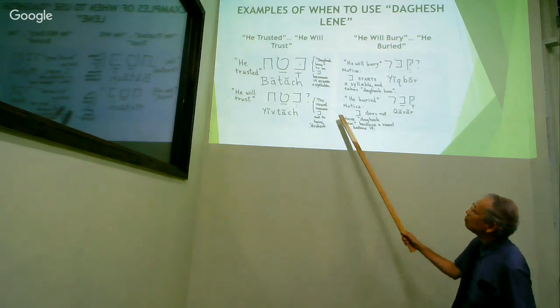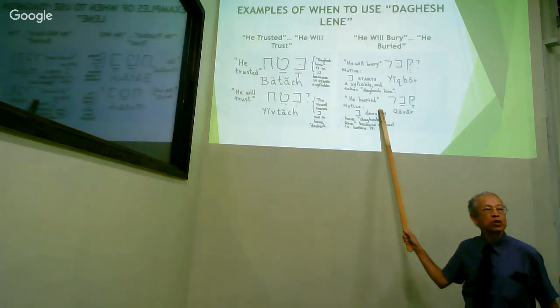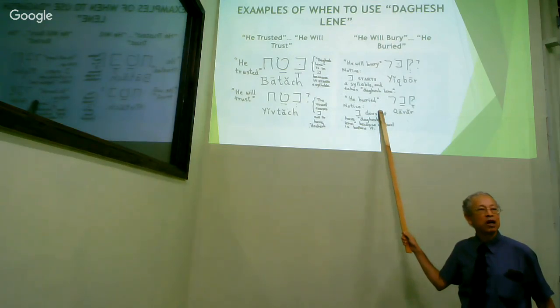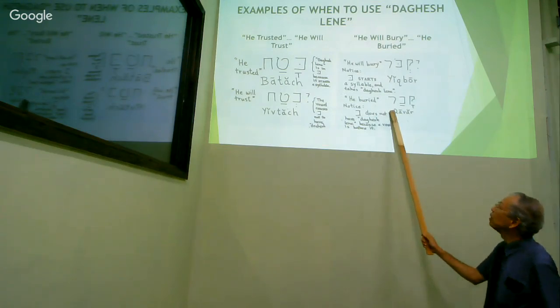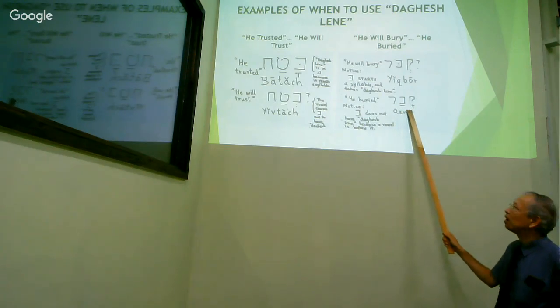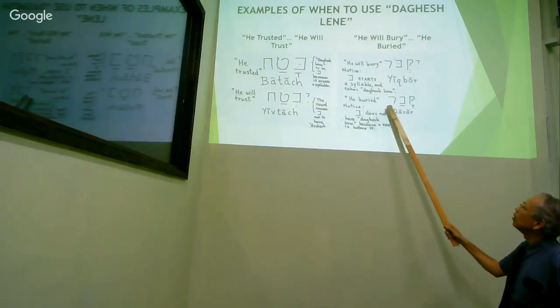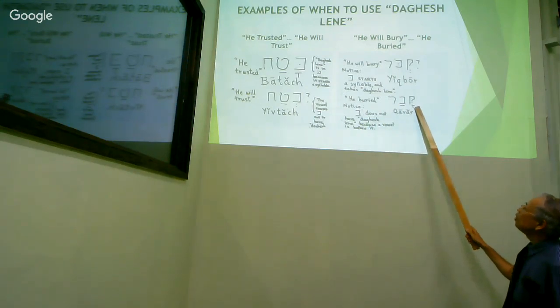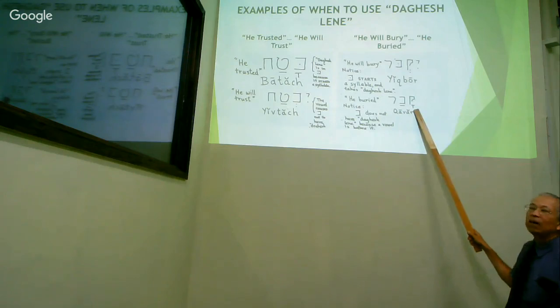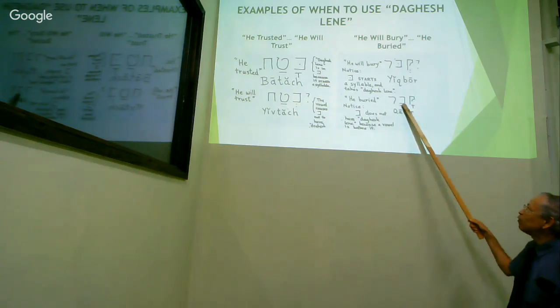Lene. Now over here is another example of what happens when there is a vowel before a consonant that has a Daghesh Lene in it. Here is the verb kavar, and it means he buried. Notice that there is the vowel Qames-A, the long ah sound, before Beth.